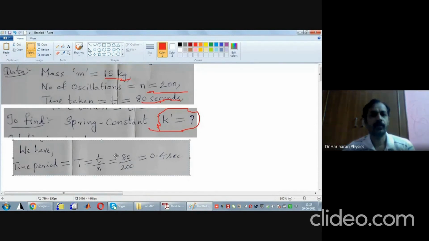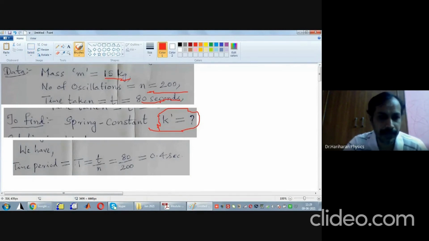So what did I do? First I found the time period T. Time period T is equal to small t by n, so 80 by 200 will give me 0.4 seconds. We will work this out later. First understand. Now T is known.